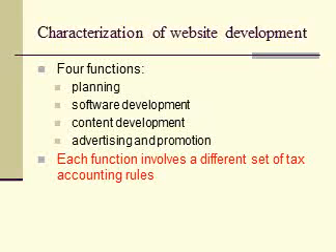As we will see in Chapter 7 of the text, each of these 4 functions involves a particular set of tax accounting rules. We will go into these rules in detail in Chapter 7.